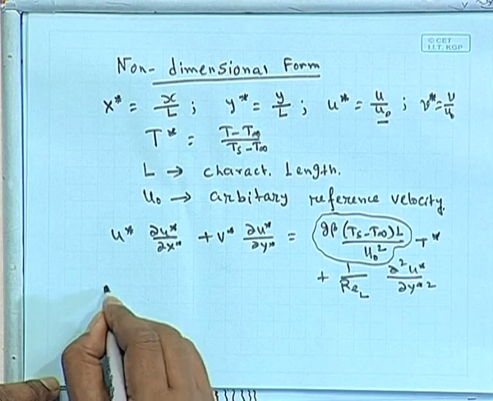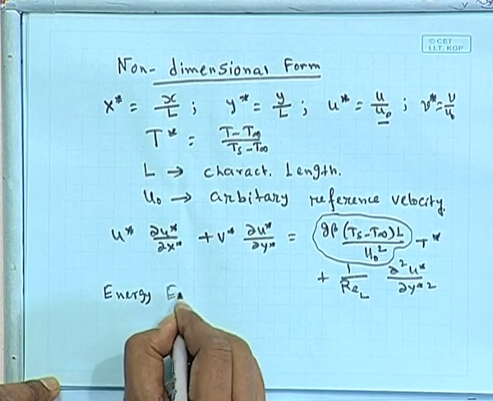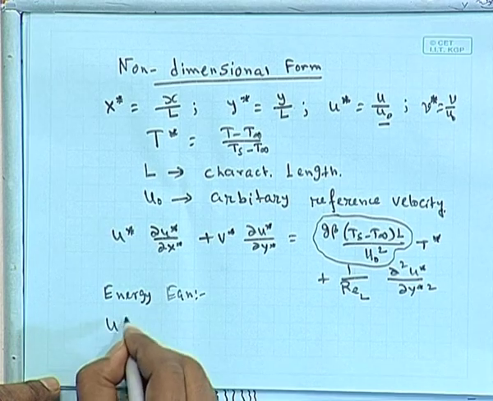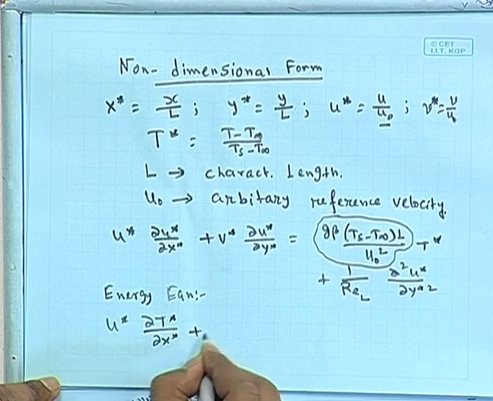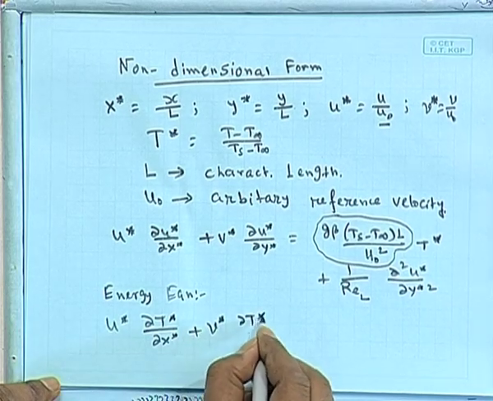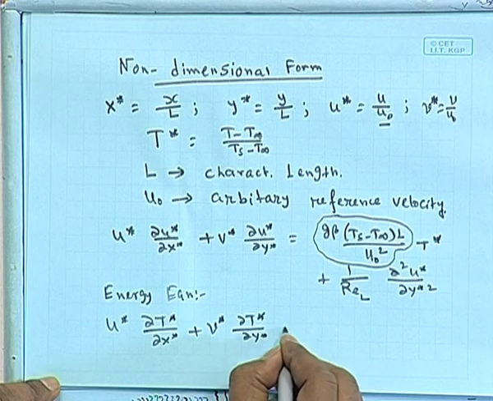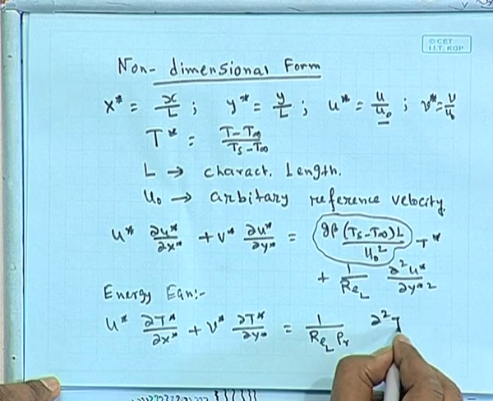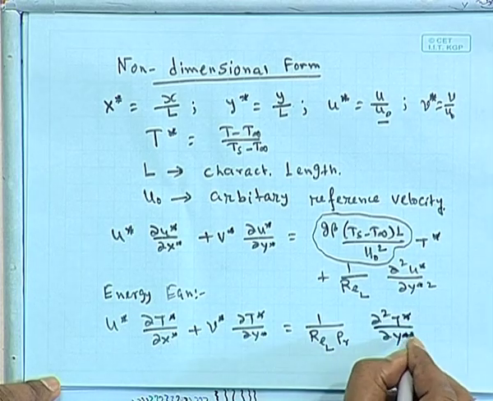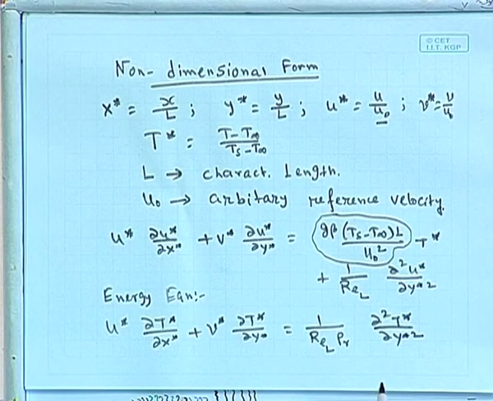Your energy equation becomes u star del T star by del x star plus v star del T star by del y star equal to 1 over Re_L Pr times del square T star by del y star square. These are the forms of the non-dimensional governing equations, the x component equation of motion and the energy equation.